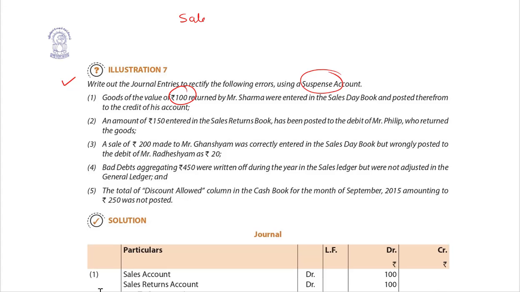It is sales return, so sales return needs to be debited and Mr. Sharma should be credited. Were entered in the sales day book, that means they had credited the sales account over here and posted therefrom to the credit of his account.